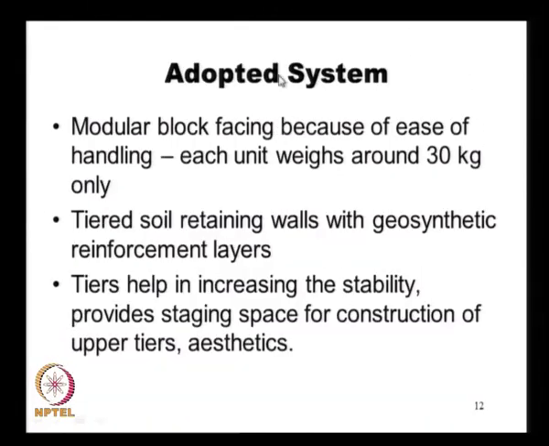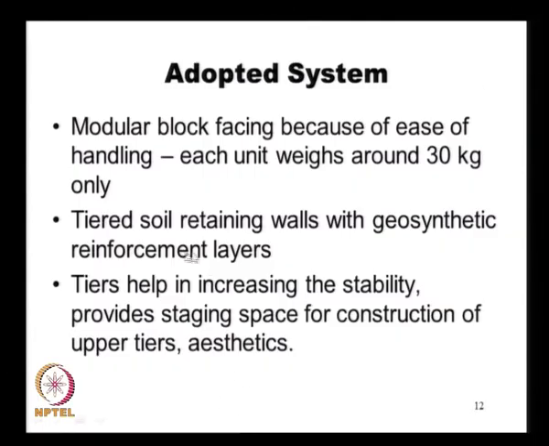And the particular system that was adopted for construction is the use of modular block facings, mainly because it is easy to handle. One single person can easily handle these blocks, because each of these blocks weighs around 30 kgs, and it is proposed to construct a tiered retaining wall instead of one full vertical retaining wall to almost 40 meters.